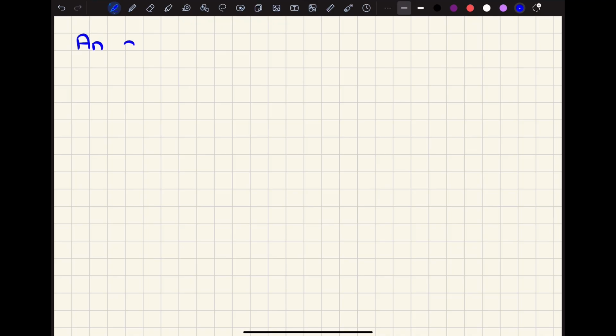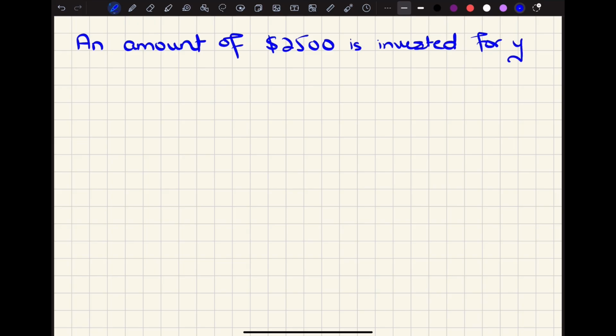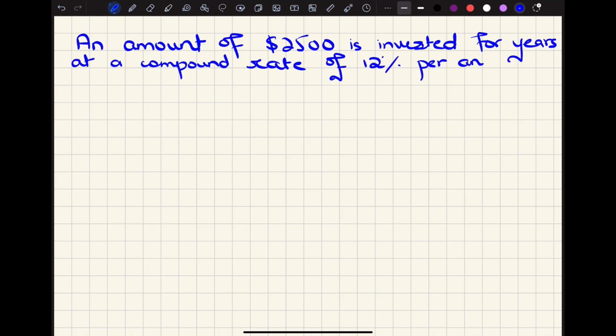So an amount of $2,500 is invested for 4 years at a compound rate of 12% per annum. Per annum means every year.